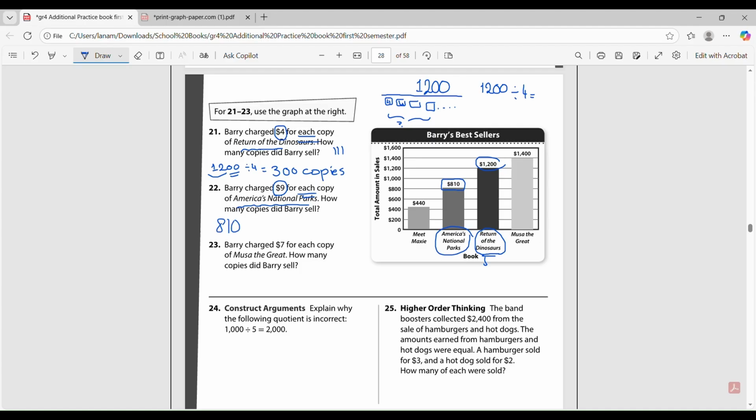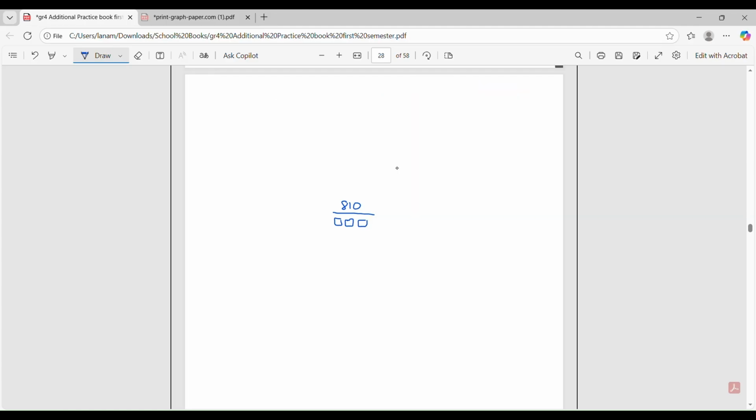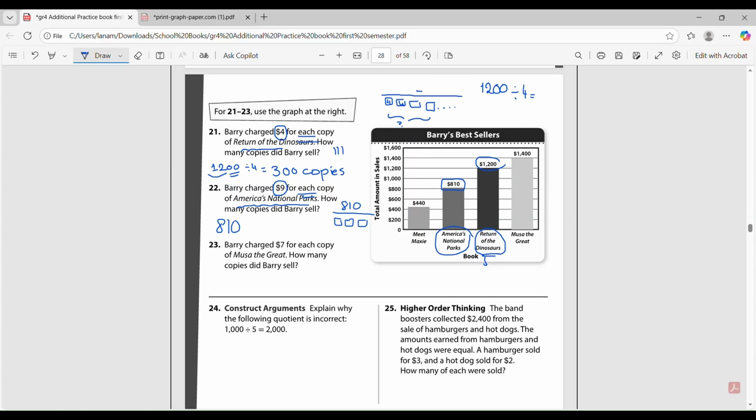Each copy costs $9. So in this case, the total is 810. I have a number of books. Each book is $9, but I don't know the number. In this case, we need to divide. So we're going to say 810 divided by 9 equals.